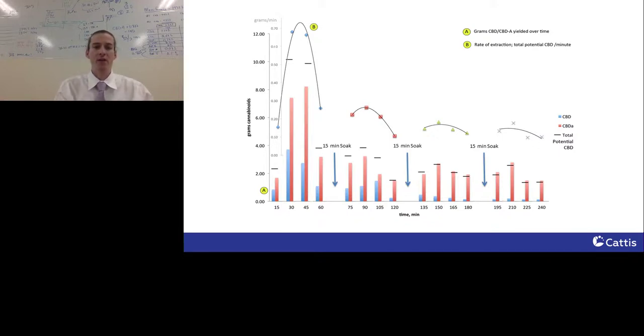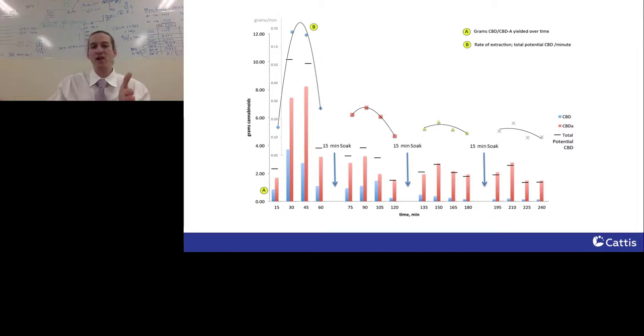And if we looked at the upper curve at plot B, where we're looking at the rate, grams of CBD over time, we could immediately identify where the mechanical region of the extraction curve happens. And that is, within the first 60 minutes in this case, we're cranking at 12 grams of CBD per minute.